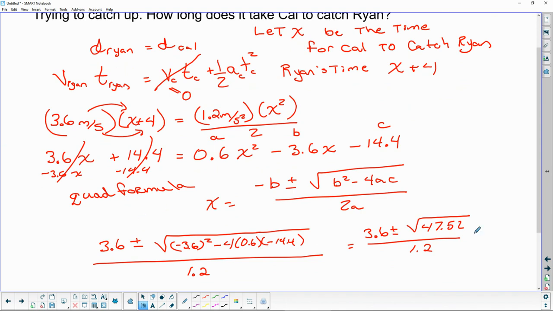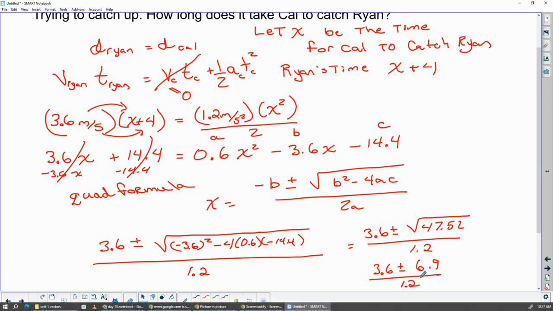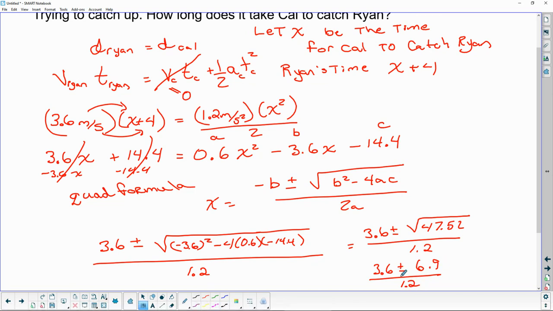Working those two things together, you get 3.6 plus or minus, and this works out to be about 6.9, and that's 1.2 on the bottom. You're not going to subtract the 6.9 because you can't have a negative time.